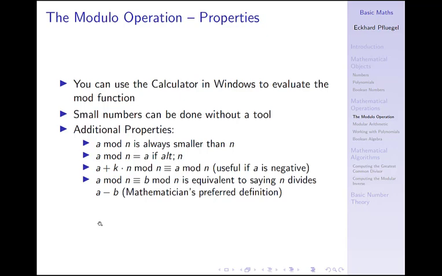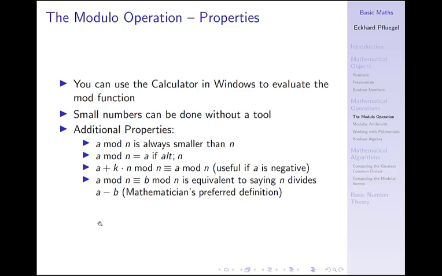And then I guess you can always try to use the internet, type it into Google, it might work. You can also use Wolfram Alpha, which is a very good website to perform math operations. So there are tools available to compute the modulo operation, but then for small numbers, you're better off doing it by hand, because it also means that you're practicing it. And that should be useful.